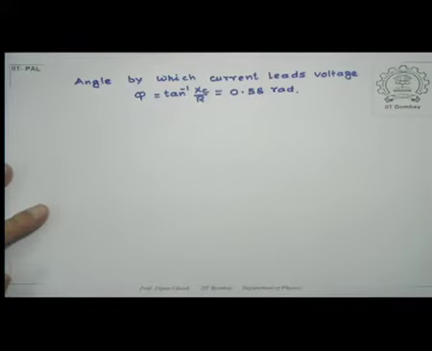Now the time lag between the voltage maximum and the current maximum is obviously given by phi by omega. The reason is the expression for the current is Im sine omega t plus phi, whereas the corresponding expression for the voltage is Vm sine omega t.